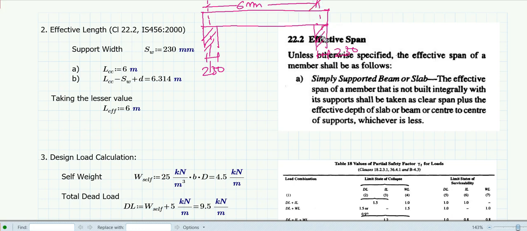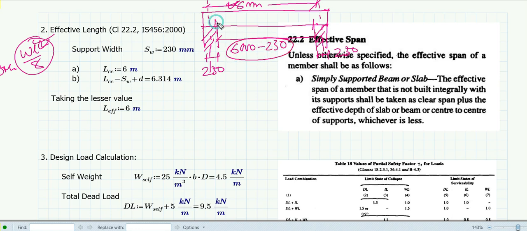Now while finding out the bending moment, you know that the equation is WL square by 8. So what is L? L is the span. My question is, what should be the span? Whether it should be 6 meter, that is from center to center, or it should be the clear distance, which will be 6000 minus 230 by 2 minus 230 by 2, that is basically 230 less, or this one.